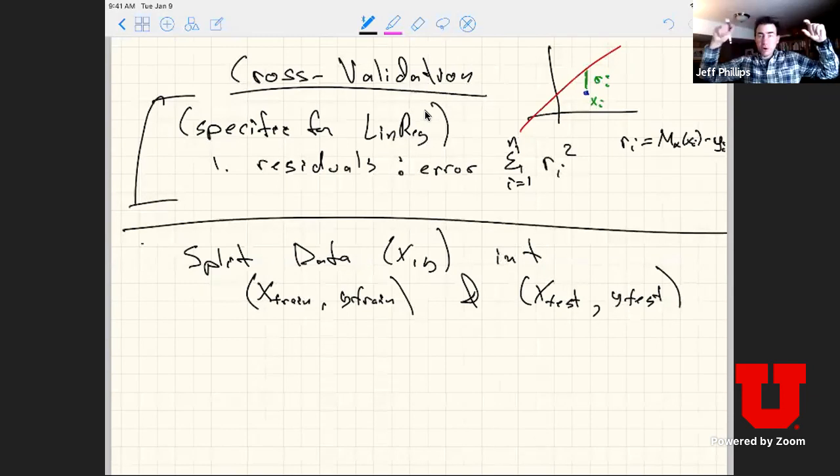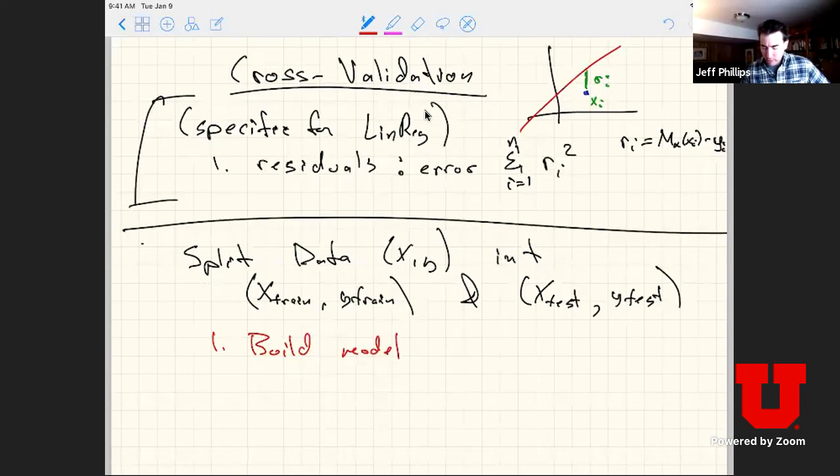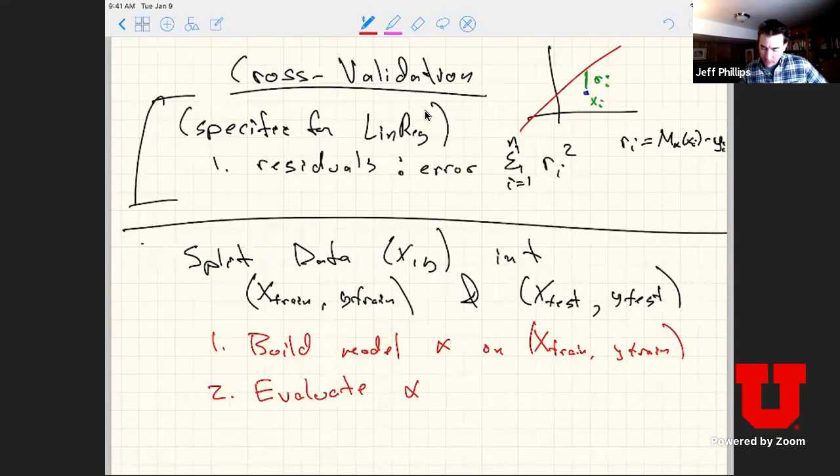I'm pulling out the rows and the label and splitting this into training and testing. And then I'm going to build model alpha on x train, y train, and then I'm going to evaluate alpha on x test and y test.